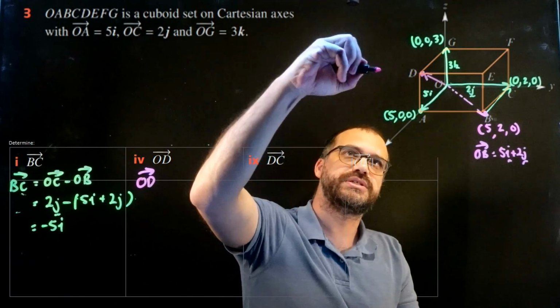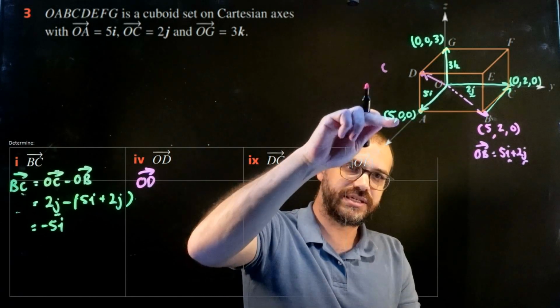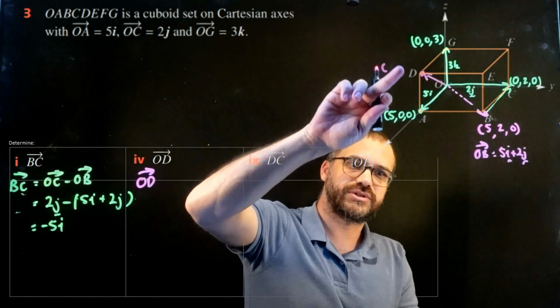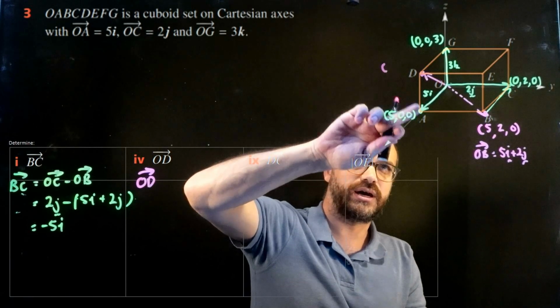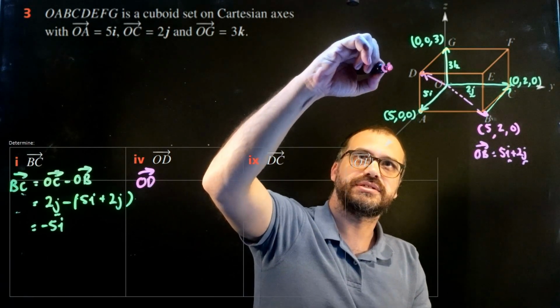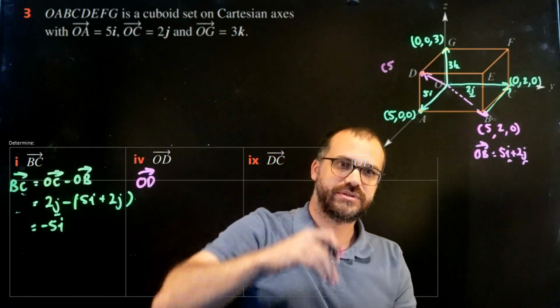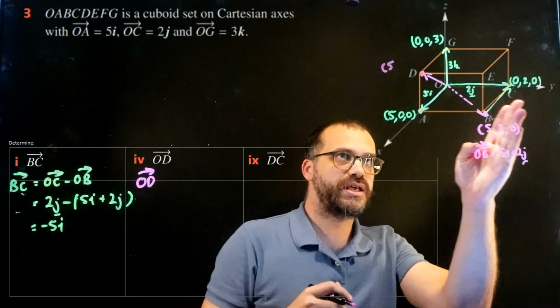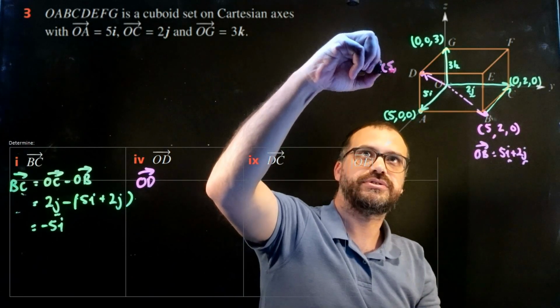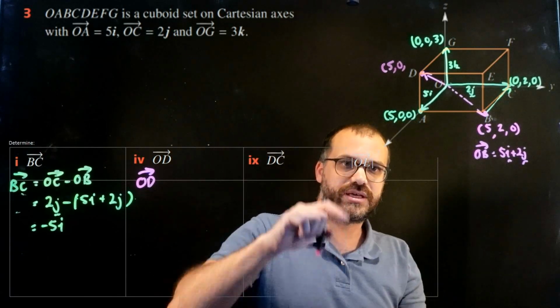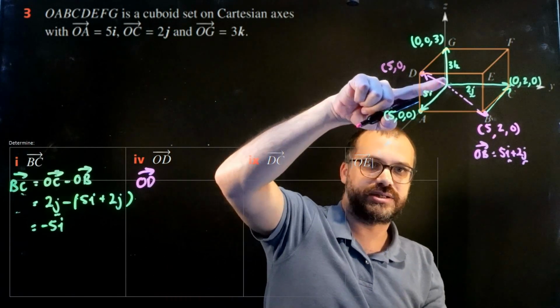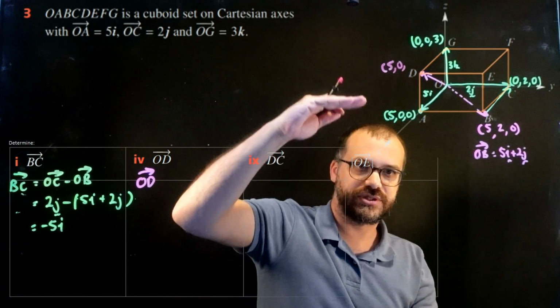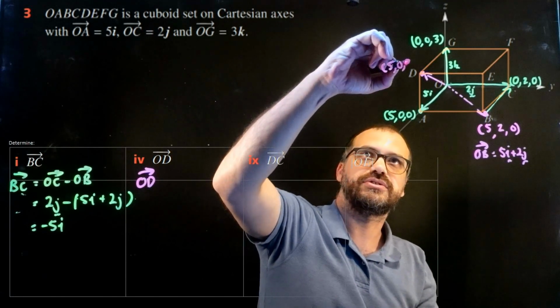And so the point D, you can see it's in line with point A. It's directly above it. So that means it's the same outwards, right? Now we haven't moved anywhere in the y direction, so 0, and then it is up, and it's in line with G in terms of its height, so that's 3.